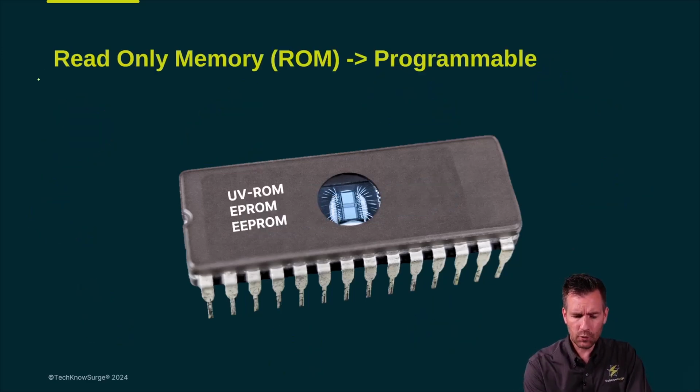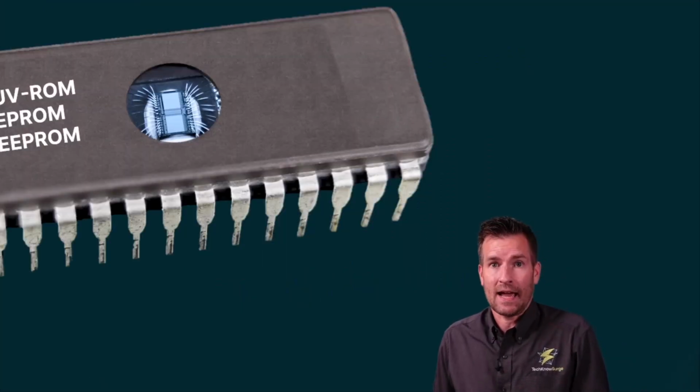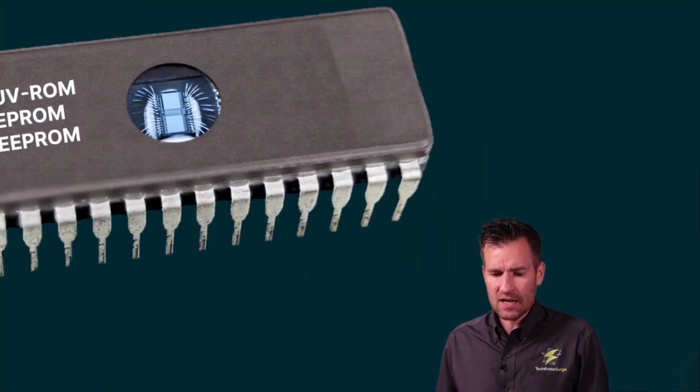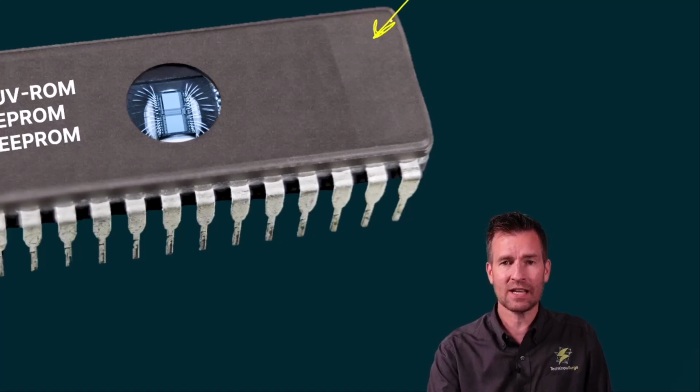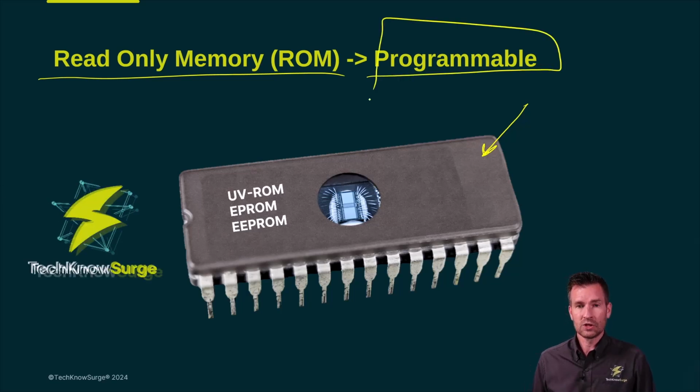Now the problem with read-only memory is that we can never update it. So let's say we want to add a feature, or perhaps there's a security issue, we can't go back and change it at all. And so we found some other technologies which would allow us to make changes to it. So we made them programmable. So we made programmable read-only memory.